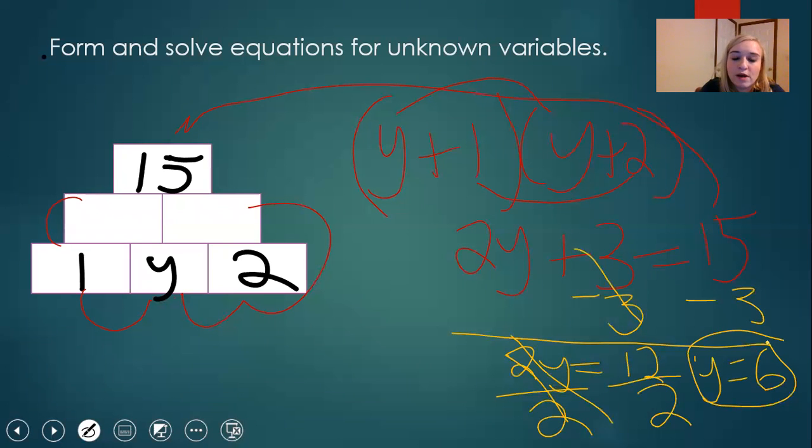So we know what y is now. We just solved for y. So now that we know what y is, we can figure this out. So 6 plus 2 is 8. 6 plus 1 is 7. 7 plus 8 equals 15. So that's an easy way to set an equation to figure that one out.